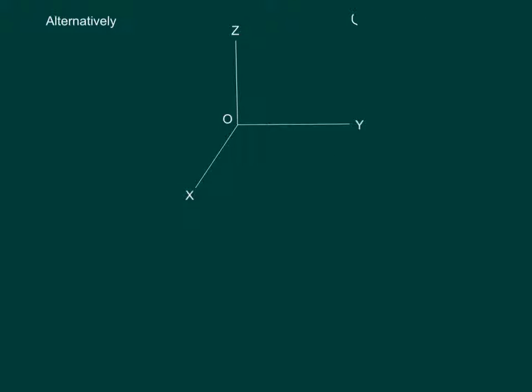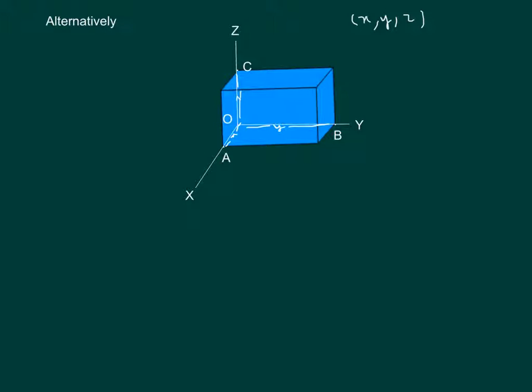Alternatively, given the coordinates of the point x, y and z, we can locate it by first locating the points A, B and C on the three coordinate axes such that OA is equal to x, OB equal to y and OC is equal to z. Now through point A, draw a plane parallel to the YZ plane.